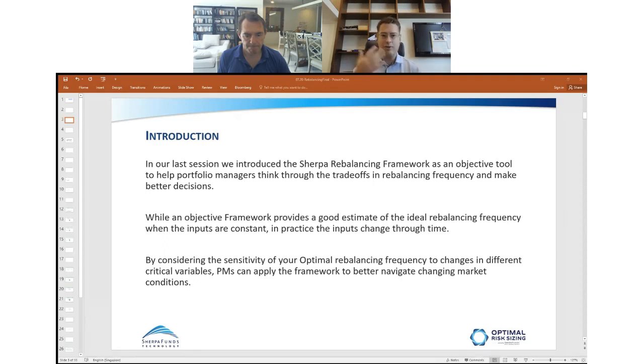I mean, your average long short PM thinks they should rebalance much more frequently than they probably should. And your average long only PM never rebalances, and they just shift along, adjusting around the margins. So we've introduced an objective framework, what we call the Sherpa Rebalancing Framework, as a tool to help PMs think through rebalancing frequency and ultimately make better decisions.